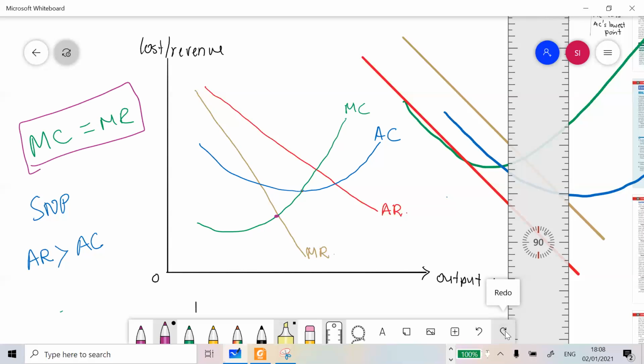Identify that point and then draw the dotted lines all the way up to down, where it connects from the red curve, the AR curve, towards the output.